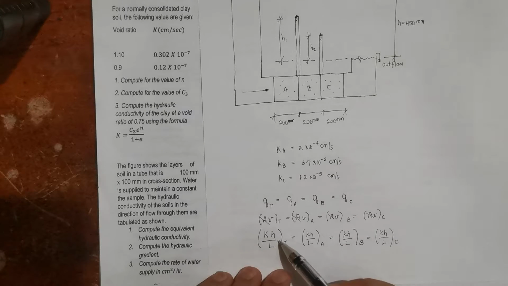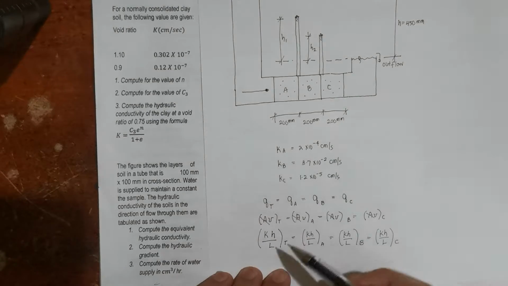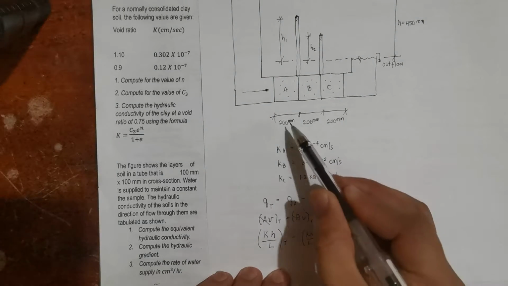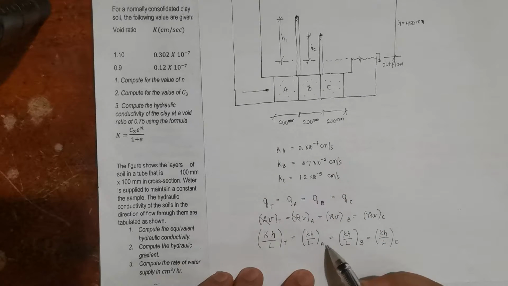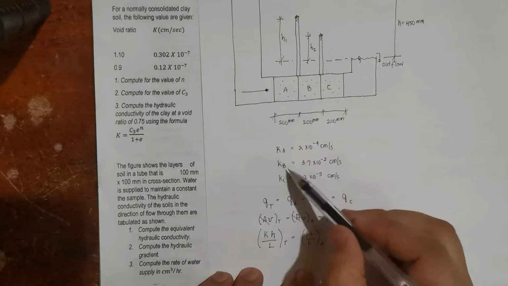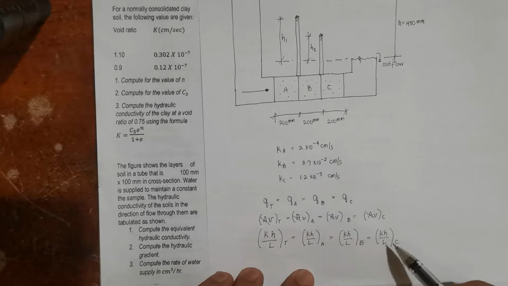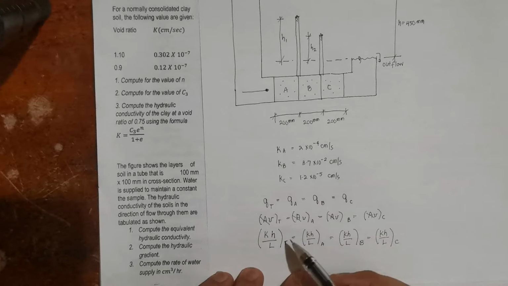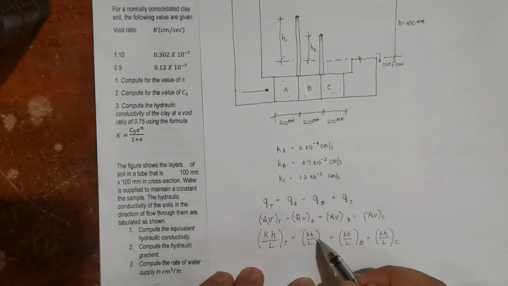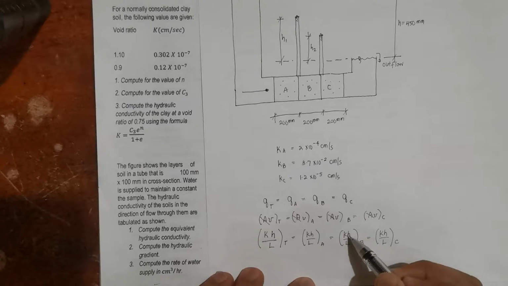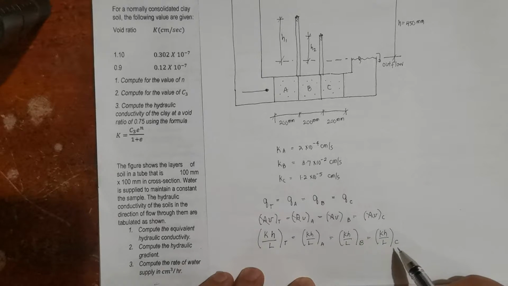We already have the total head loss, the length for the total parameter equivalent to 600 millimeters, the hydraulic conductivity for each soil layer, and also their lengths. So, for us to get the value of hydraulic conductivity in the total parameter, we need to analyze first the head losses for each soil layer.